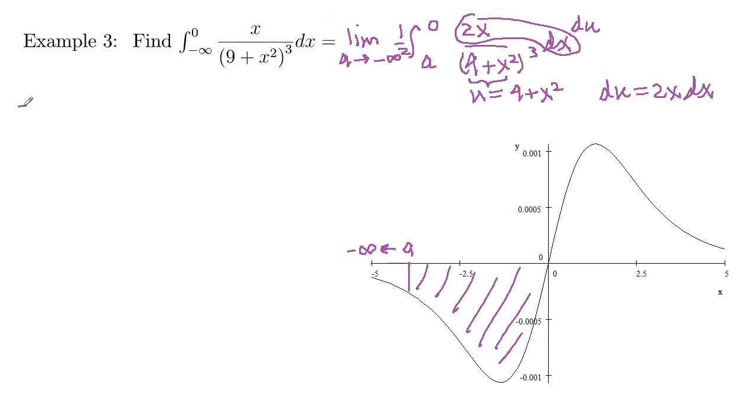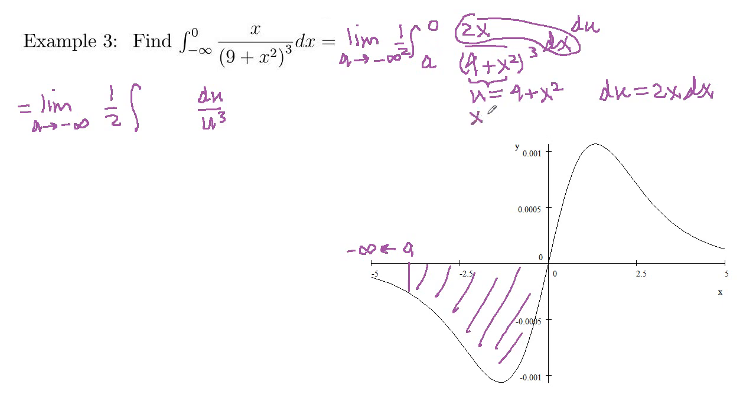So now this becomes limit a is going to minus infinity. And then we got a 1/2 outside our integral. And then on the top we've got du, and in the denominator 9 plus x squared is u, and it gets cubed. And then we have to change our limits of integration over also.